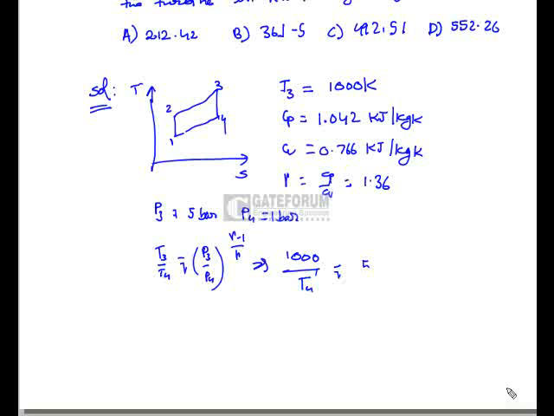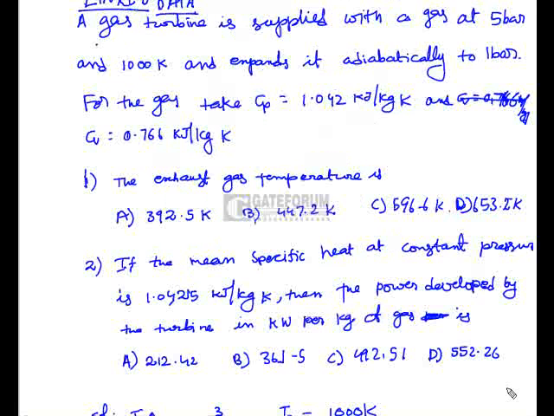P3 by P4 is 5 and gamma is 1.36, so (gamma minus 1) by gamma is 0.36 by 1.36. From this we can calculate T4, which is 653.2 Kelvin. So the first question's answer is 653.2 Kelvin and option D is the correct answer.